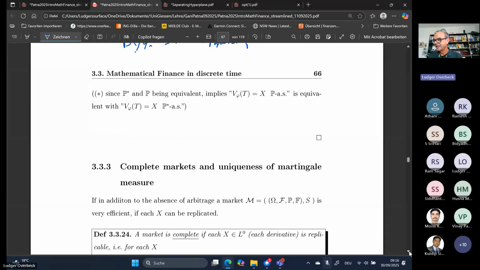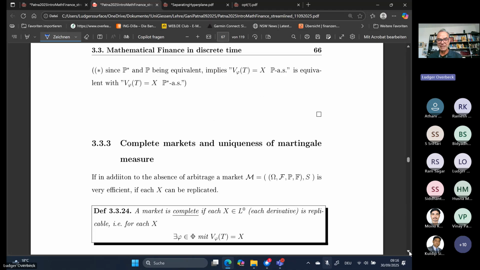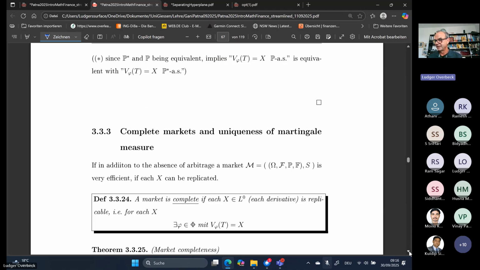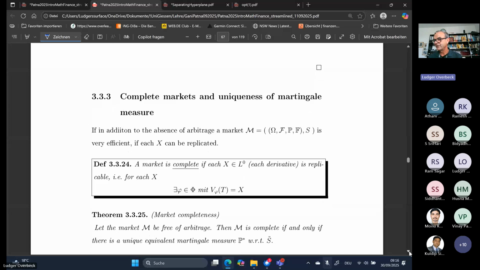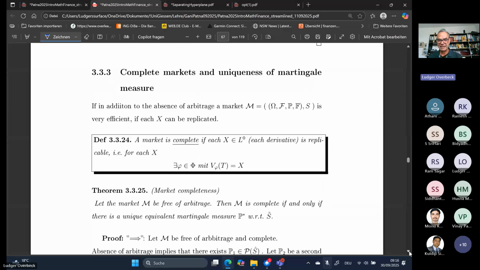In most simple and most real-world examples, you have a complete market. This means a market is complete if each X is replicable. This means for each X, you find a self-financing strategy phi such that this strategy gives you the output. That's very nice.